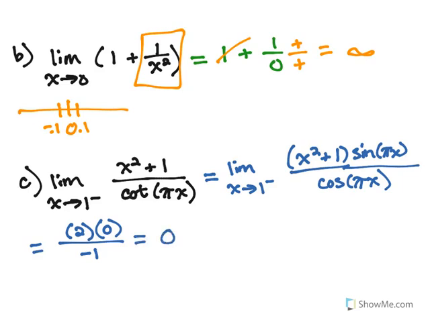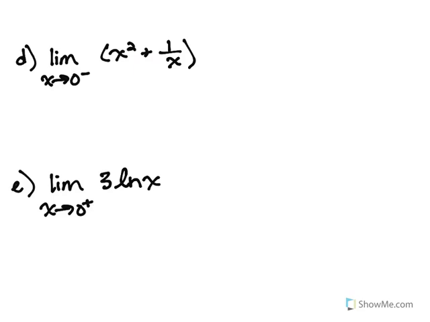So this one's 0. Does it matter that I was coming from the left? No, because I got a finite number, which means the left and the right match. So that's continuous.